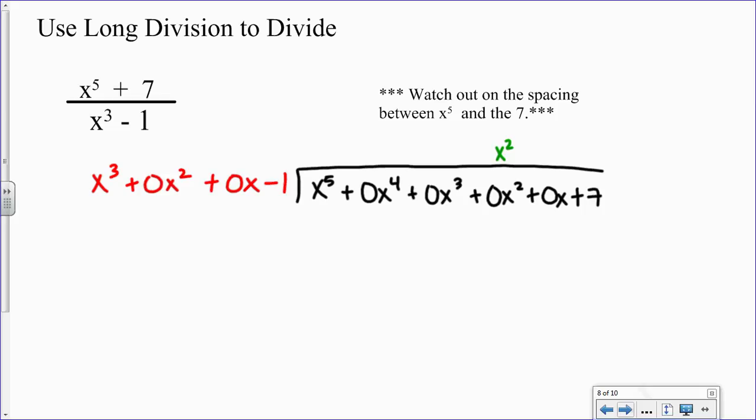Okay, so that's x to the 5th, and then x squared times 0x squared is 0x to the 4th plus 0x cubed. X squared times negative 1 is negative x squared. Okay, we'll subtract down.